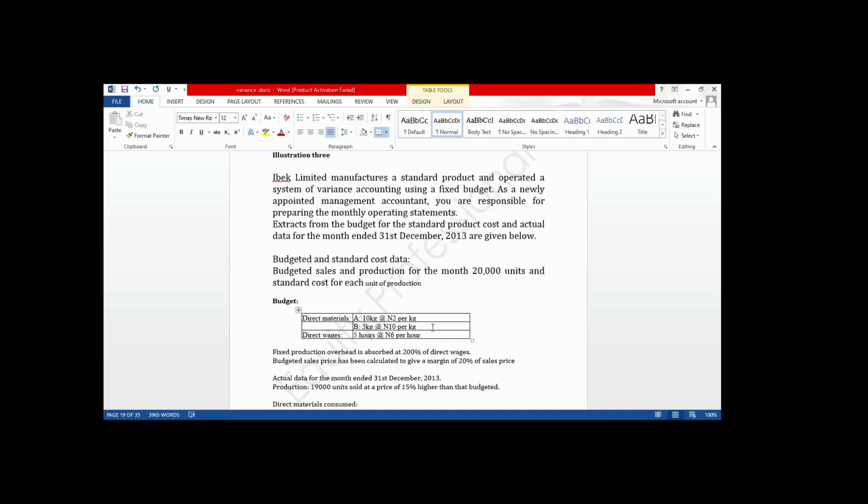Our fixed production overhead based on budget is absorbed at 200% of direct wages. Budgeted selling price has been calculated to give a margin of 20% of sales. The profit margin is 20% of sales.